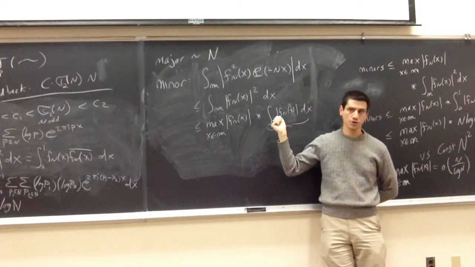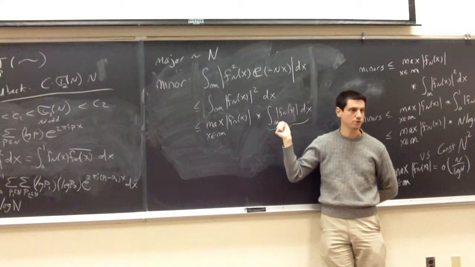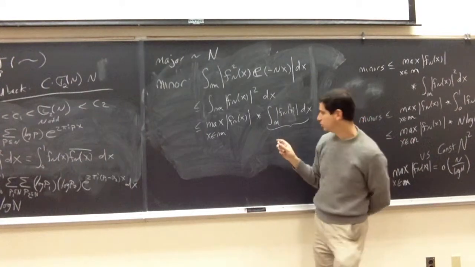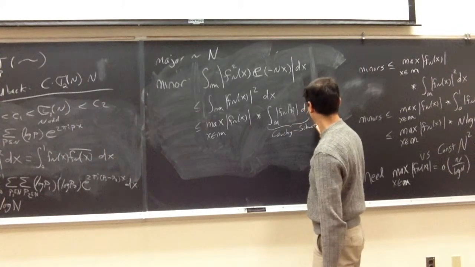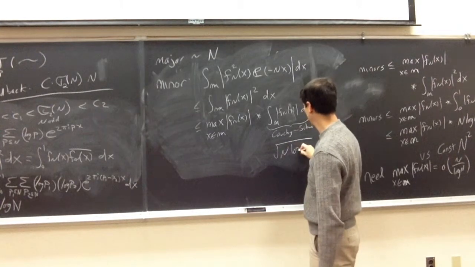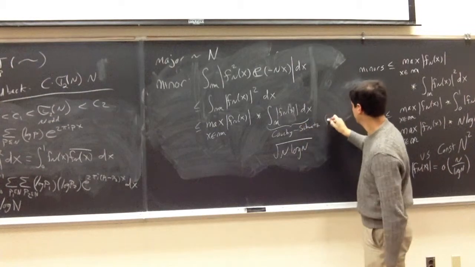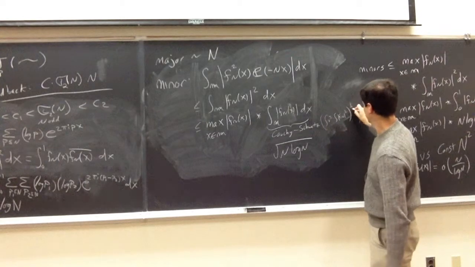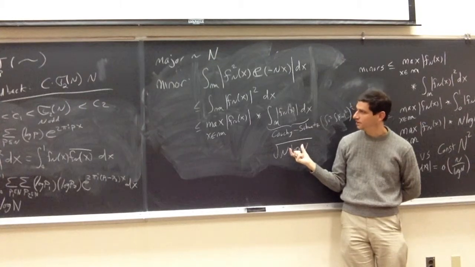We could use Cauchy-Schwarz, which is what we did before, and relate this to the integral over the minor arcs of fn squared and take a square root. We could extend the integral to 0, 1. So if we use Cauchy-Schwarz, what do we get? We get the square root of n log n. Right? So this will give us the integral of 1 squared, integral of fn squared, to the 1/2. So this is of size square root of n log n.